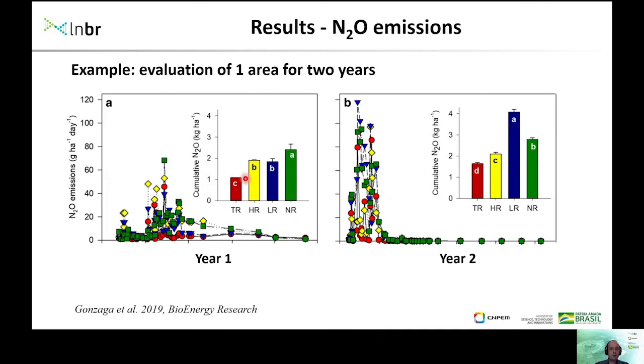In this graphic, it's possible to see that the lowest N2O emission was observed in the total removal scenario, and the highest emission was observed in no removal. The second year was a little bit different, with just these two treatments differing from the first year, but on average the result is pretty much the same.